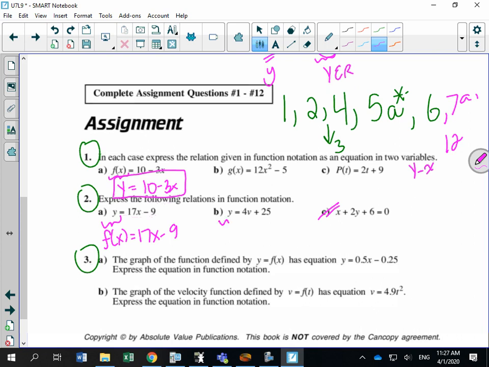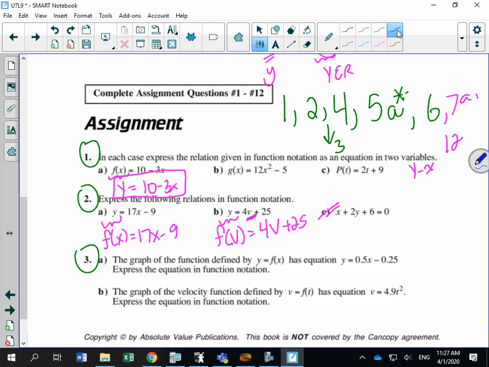Normally, I would say, yes, y is the same thing as f of x, but what letter do they want me to have instead of x? And I just scan what letter they have on the right-hand side. Instead of saying f of x, more correct would be for me to say f of v is equal to 4v plus 25.